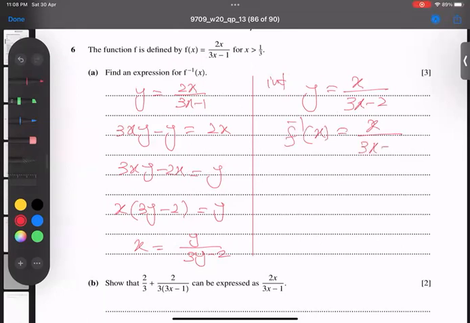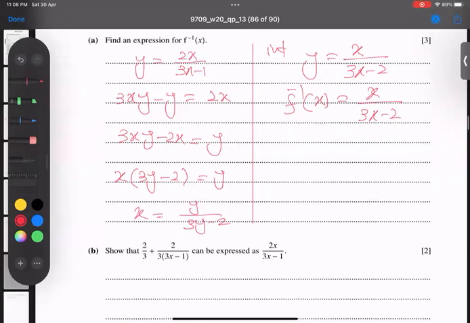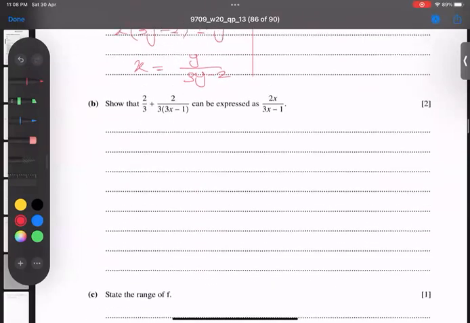I believe you understood. Now, the next step is saying show this expression can be written like that. So not a hard job for us. So take the LCM. And what LCM comes here? 3 times 2, 3x minus 1. But the problem is that this must fully match.